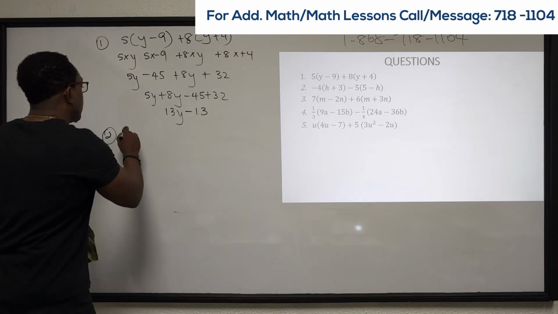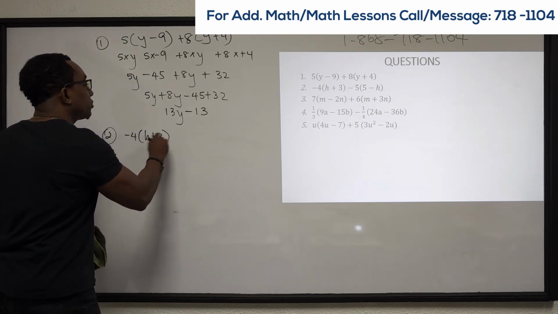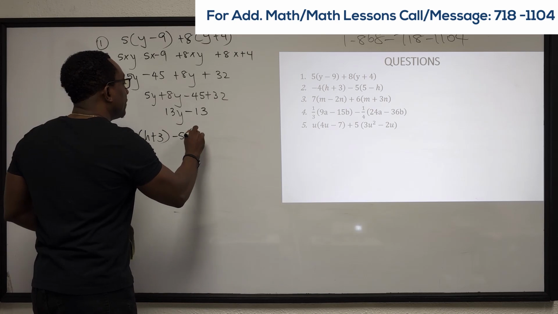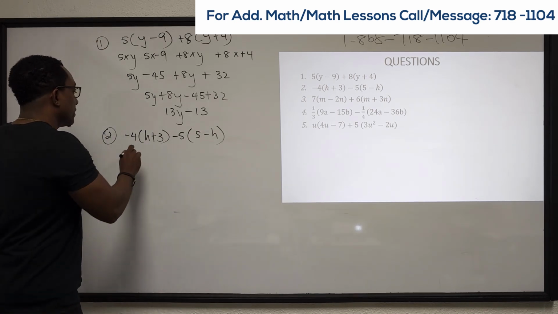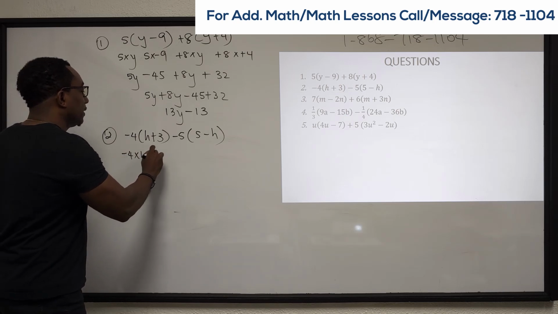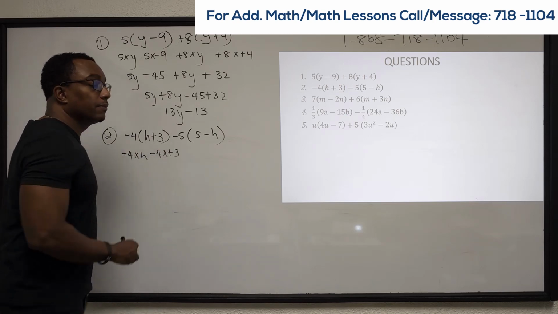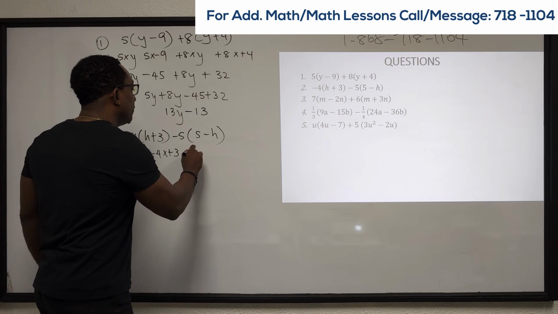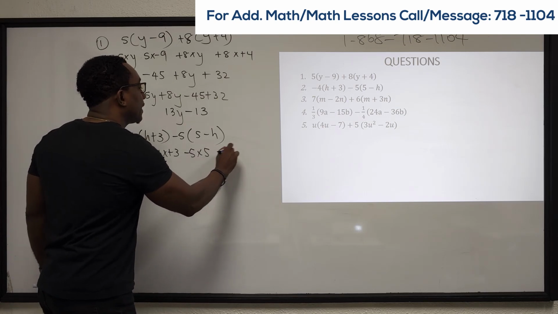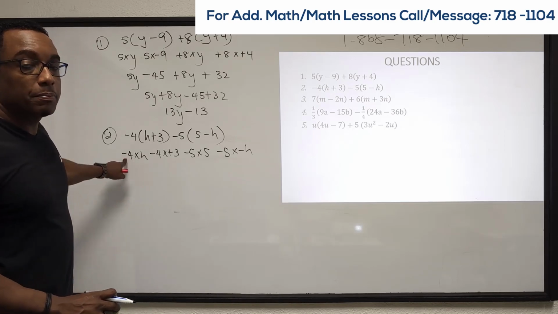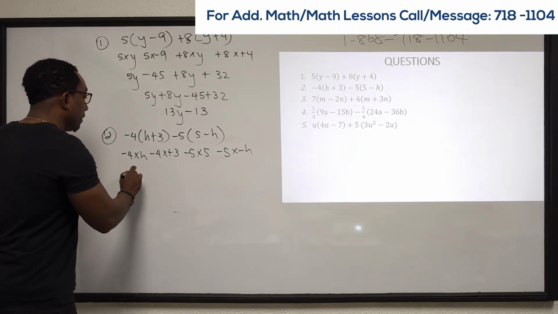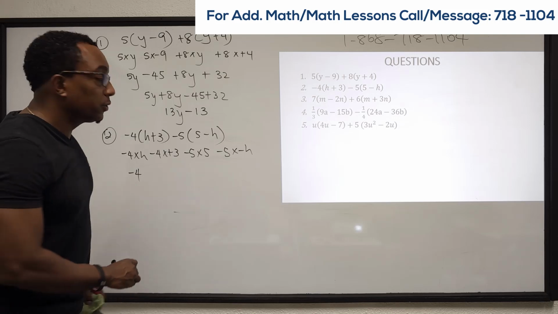Question 2, negative 4 into h plus 3, and negative 5 into 5 minus h. So let's remove our brackets. So this is negative 4 by h, negative 4 by positive 3, negative 5 by 5, negative 5 by negative h. So negative 4 by positive h, a minus by a plus is a minus, 4 by h will give us 4h.